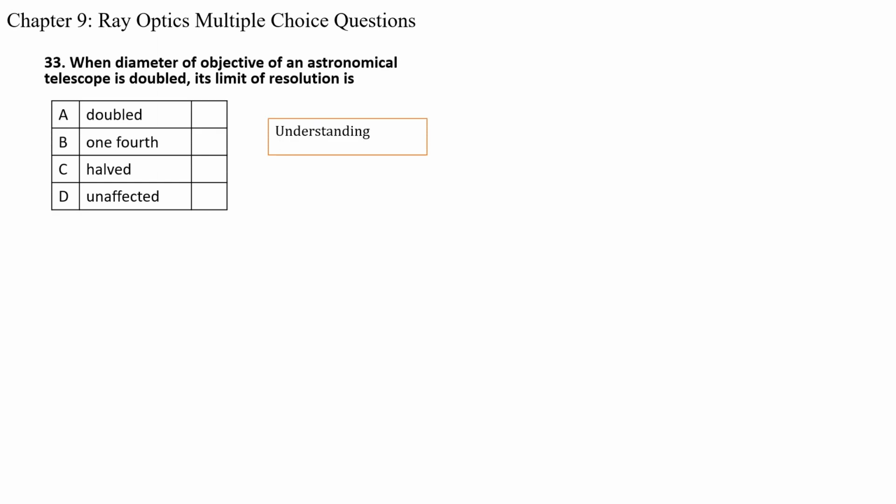Next question. When the diameter of the objective of an astronomical telescope is doubled, its limit of resolution is. See what has happened here. The diameter of the objective of an astronomical telescope. Please underline astronomical telescope.